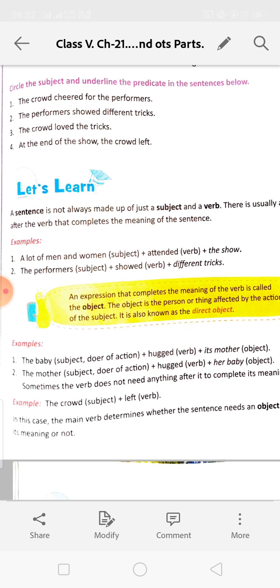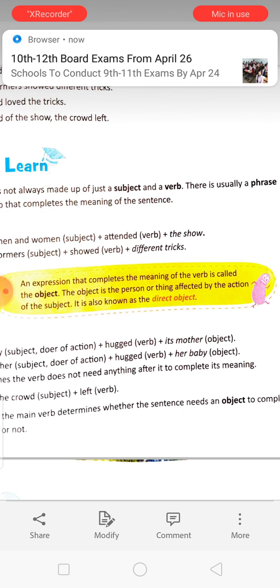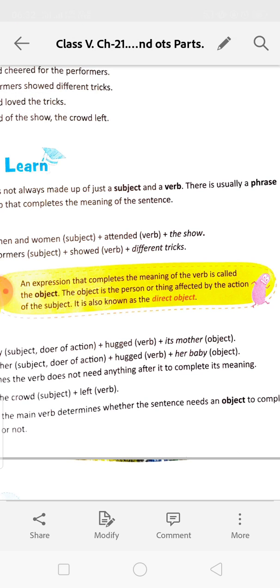An expression that completes the meaning of the verb is called the object. The object is the person or thing affected by the action of the subject. It is also known as the direct object. So the expression that expresses the complete meaning of the verb is called the object.